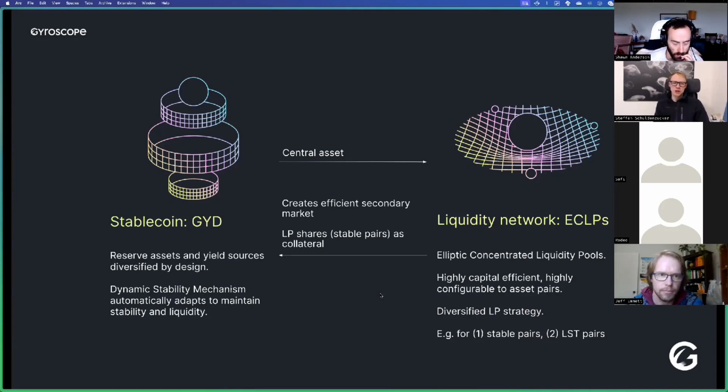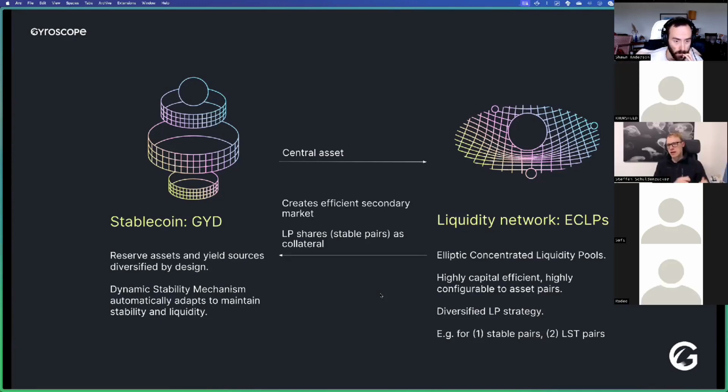But the stablecoin uses LP shares in other asset pairs, and part of that acts as collateral for the stablecoin. What we've also planned in the future is that you can actually use these in other pairs that are not USD pegged, and then you can use that as collateral and get over-collateralized loans on that.